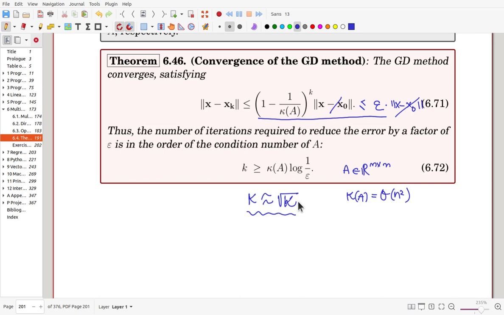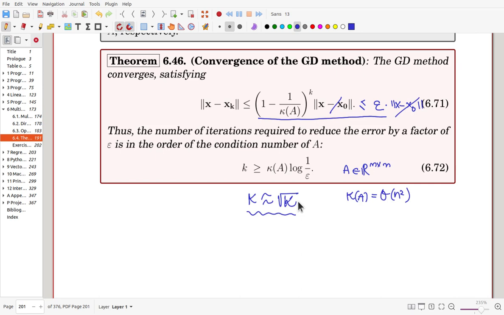So we know the gradient descent method is slower than other methods. However, when you are optimizing the cost function of machine learning problems, in most cases the gradient descent method is the choice because it is simple.